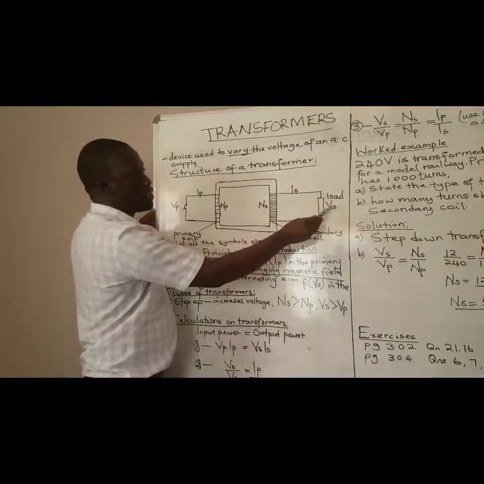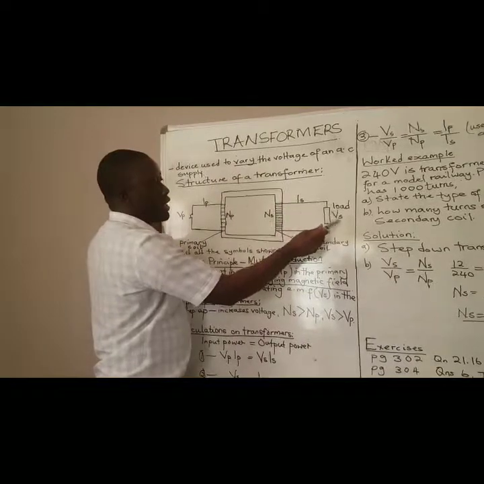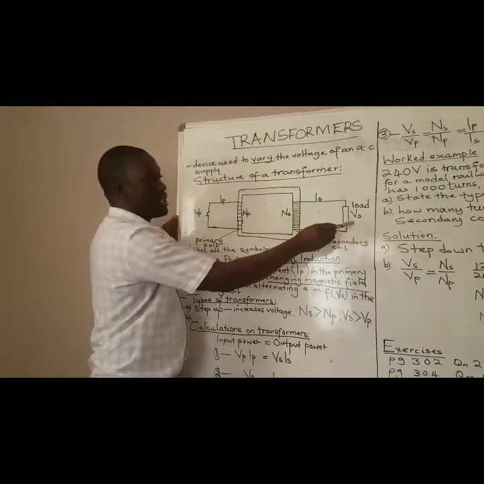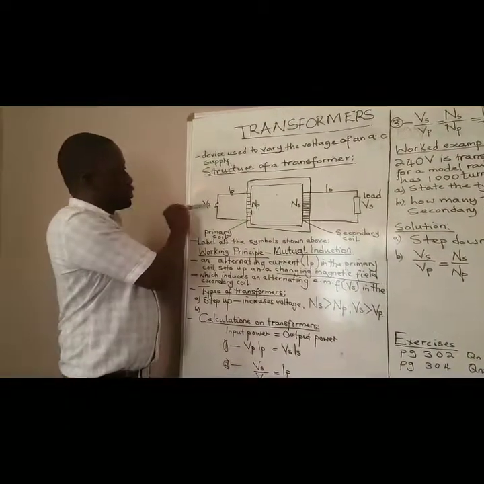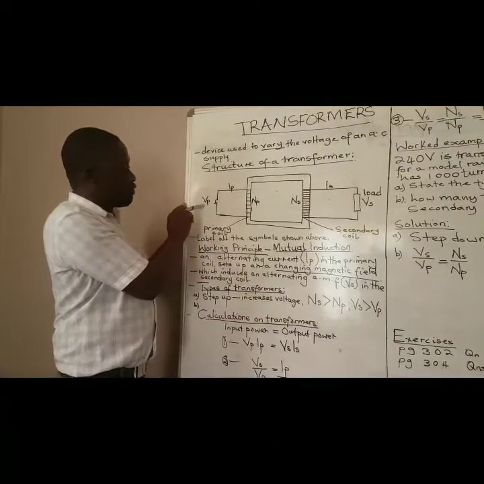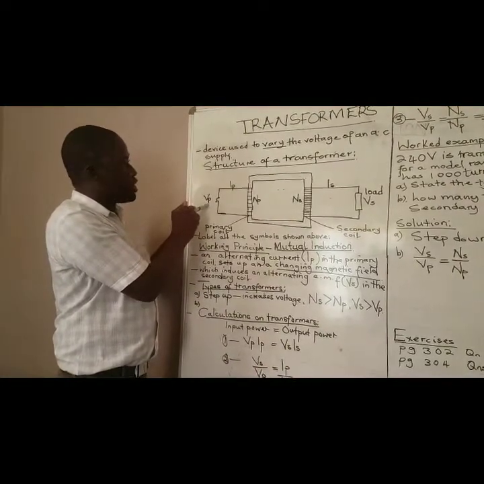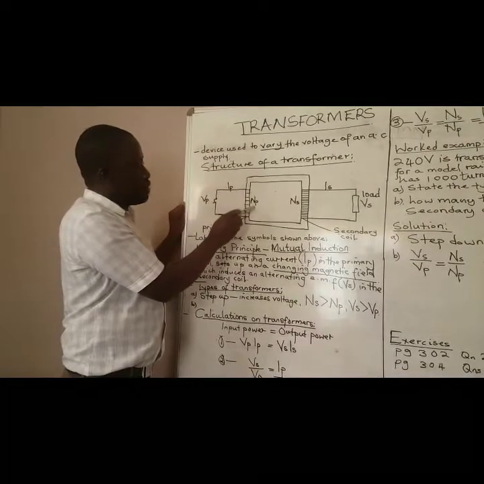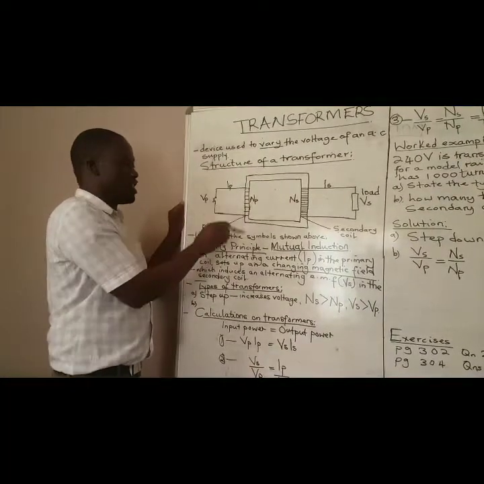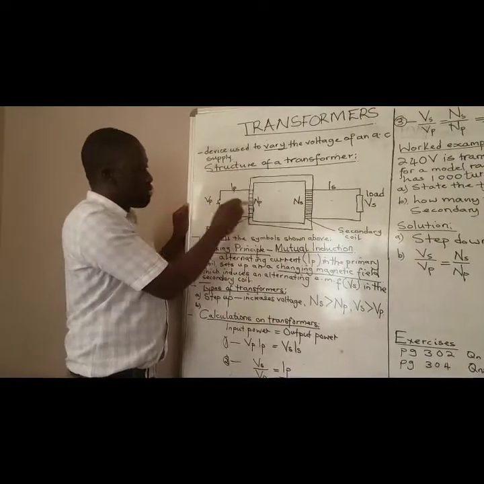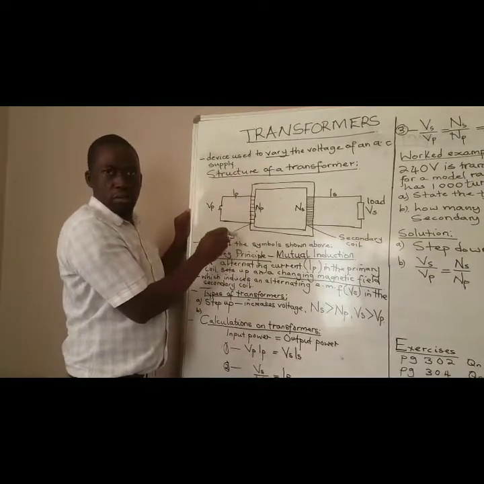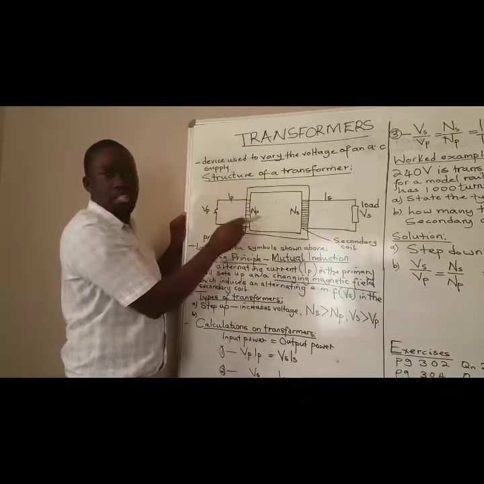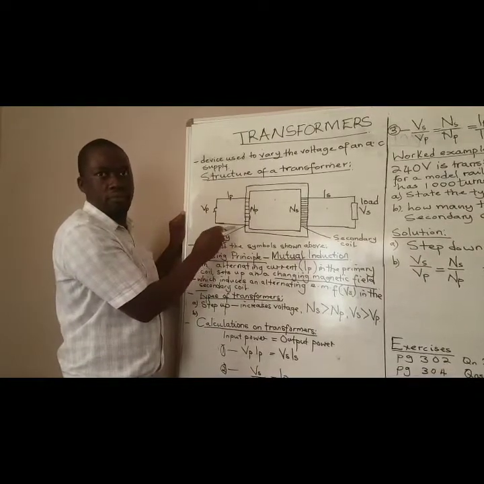It can be a cell phone charger, it can be a light or anything that you connect there. So our input voltage is this side. That's why we're calling it VP, meaning primary voltage, giving us a primary current, and NP. NP is showing the number of turns in the primary coil. You are not going to count them, but you will be given the number or you are required to calculate them.